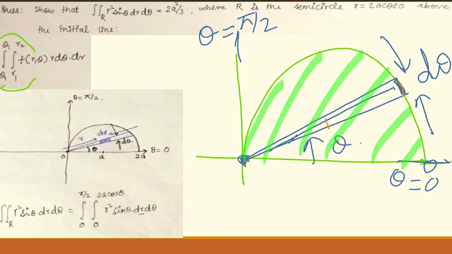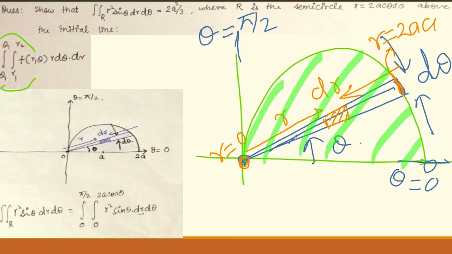So here we will make another strip at a distance r of thickness dr. If we integrate this strip from r equal to 0 to this, and this is r equal to 2a cos theta, we will get this strip, and then we will integrate this strip from theta equal to 0 to theta equal to pi by 2.